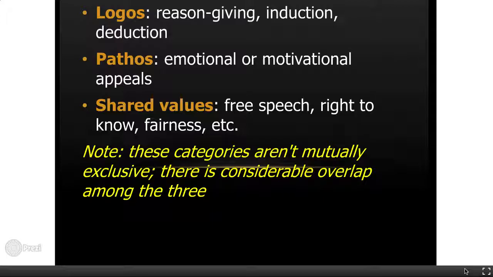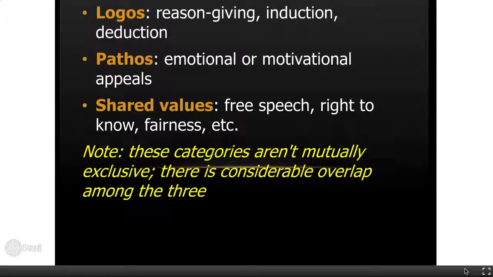So: ethos, pathos, logos, shared values. Those values don't have to be overly complex like patriotism, or even as significant as that. It could be a shared value like fairness or equality. Yesterday, when we were talking about academic cheating, you folks were dealing with shared values like pressure, being tired, being overworked.